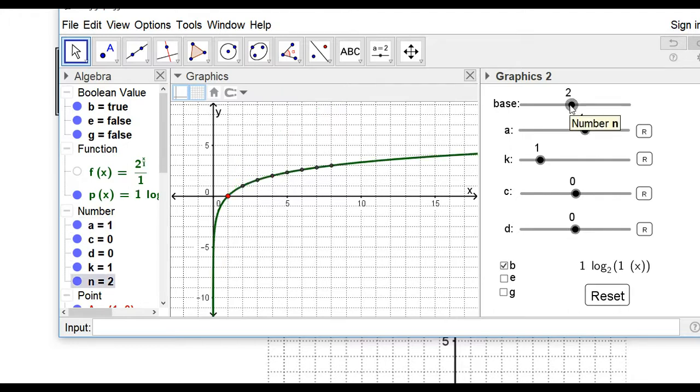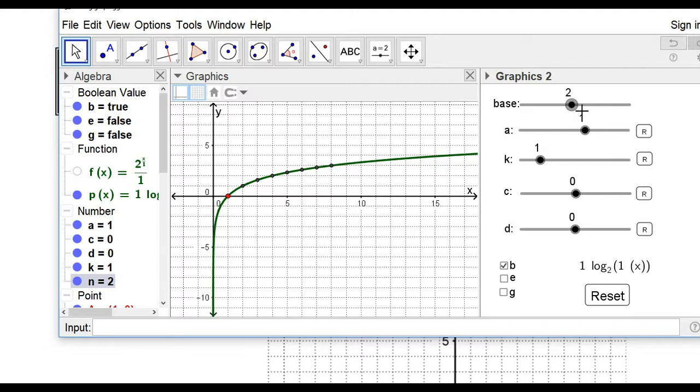And then we're going to remember that changing the base is not a transformation per se. Changing the base of an exponential function or a logarithmic function, really you're changing the parent function. You're changing what you start with and then transform.